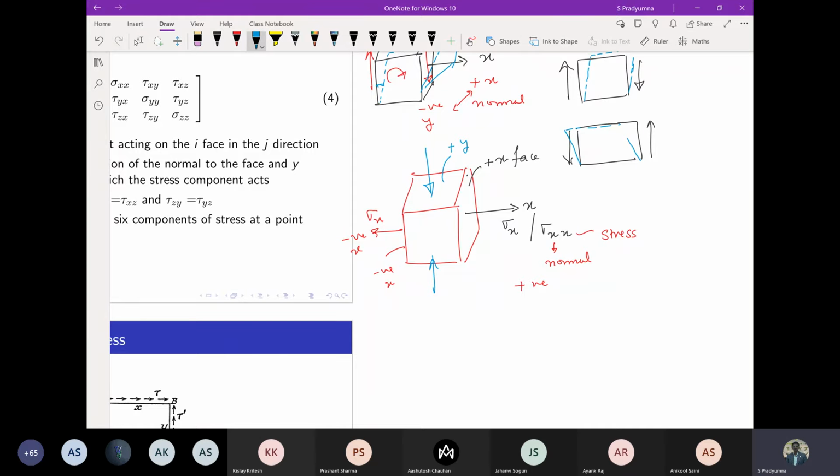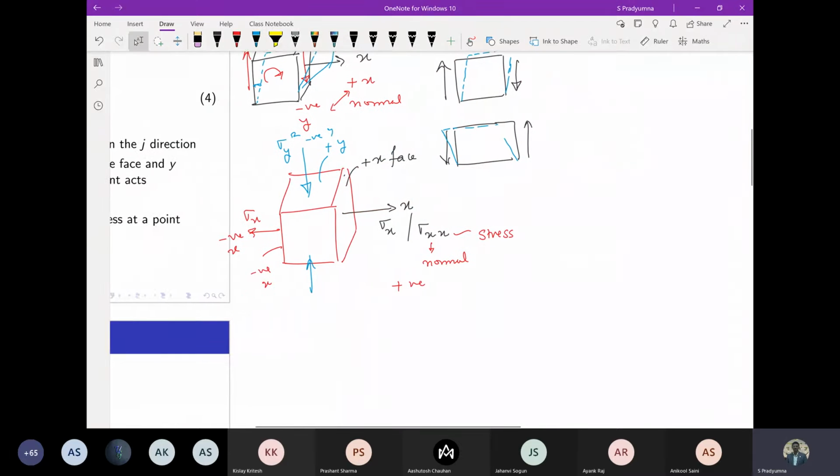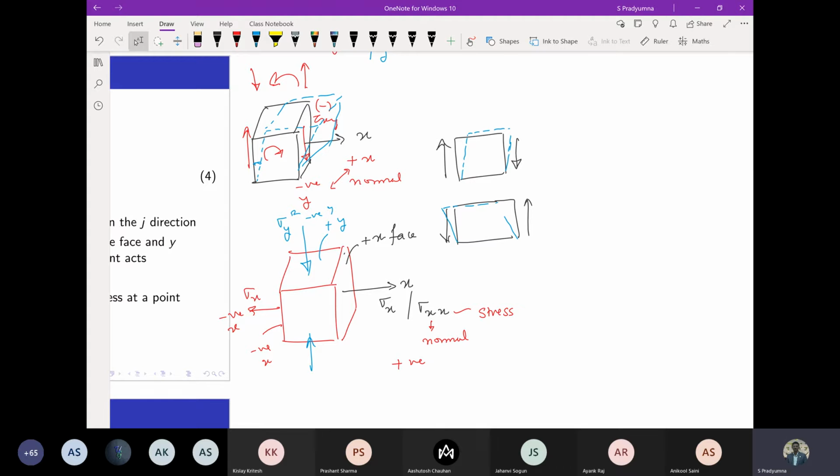And the stress, this sigma y, is acting along the negative y direction. Therefore, this is a negative normal stress. In other words, if it is tensile, creating a tension action, it becomes positive normal stress. If it is creating compression of the material, then it is called a negative normal stress. So this is the sign convention we use for shear stress as well as the normal stress.